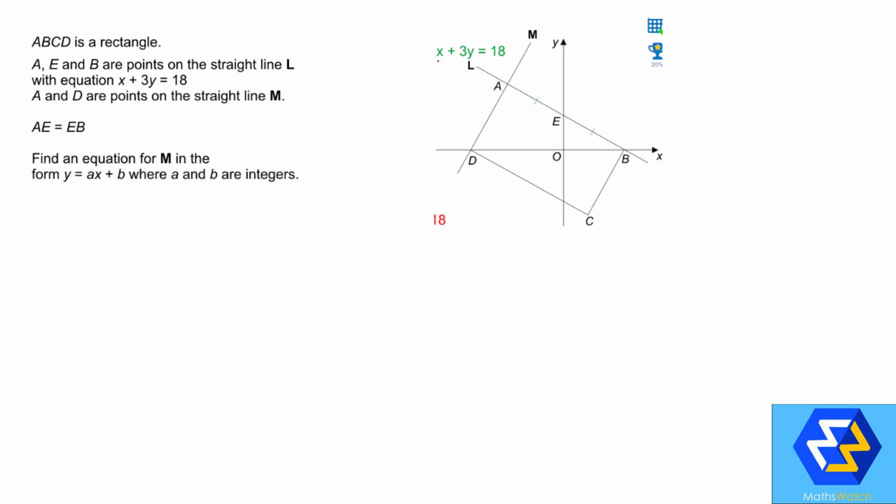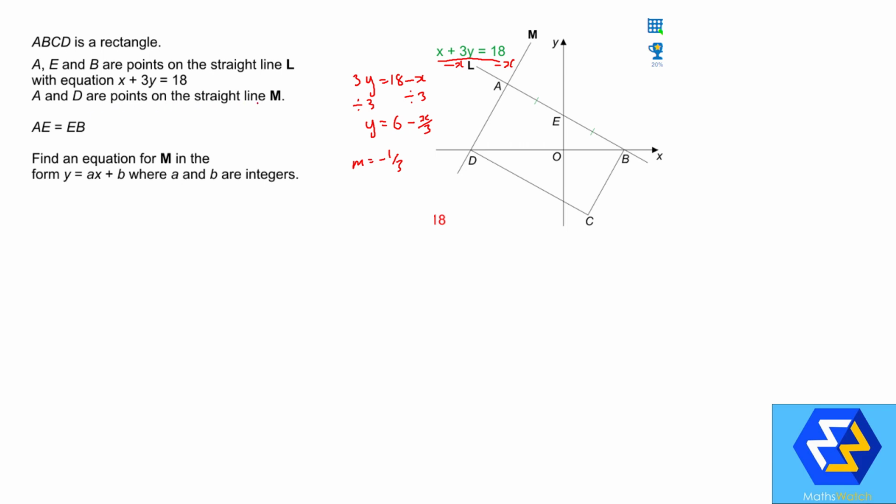So we've got this line, that's the equation of line L. And if we rearrange that, it's actually 3y equals 18 minus x, if you minus x from both sides. Now, once we divide both sides by 3, that line becomes y equals 6 minus x over 3. So you can see m equals minus a third here, which explains why that line is going downhill.